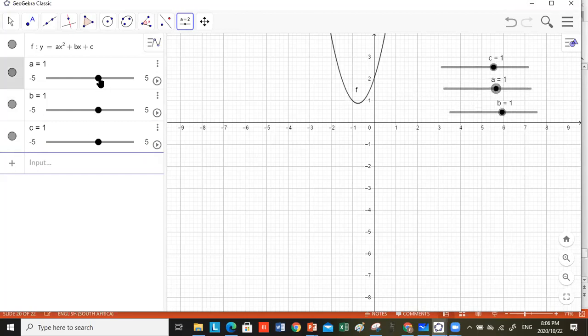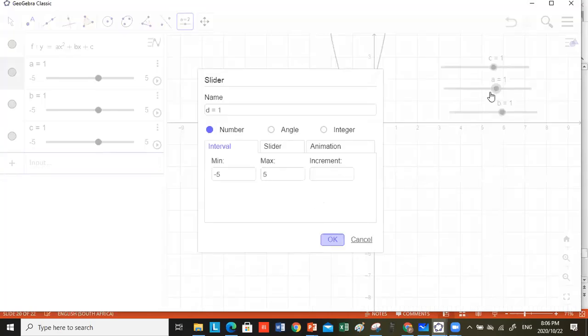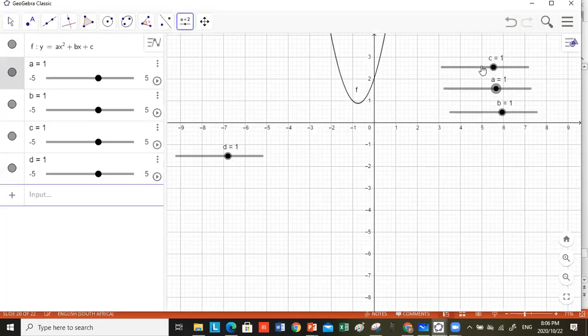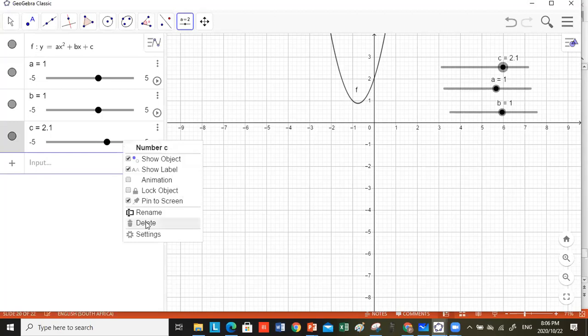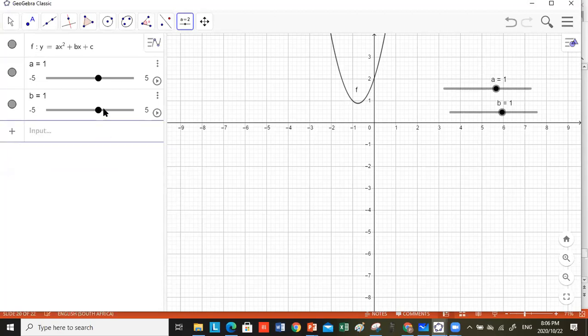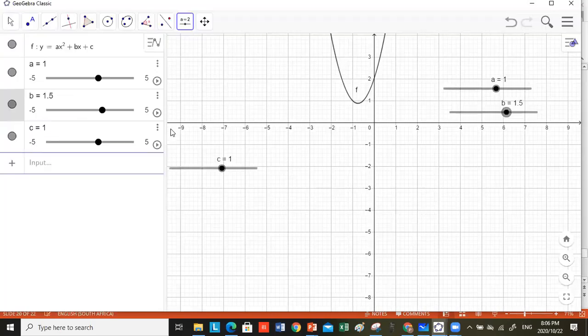Let's check what. Let me move this one. Let me remove this. My function is not responding.